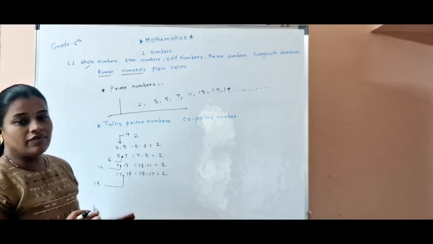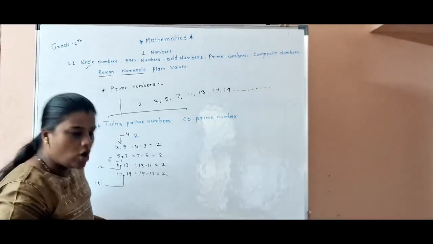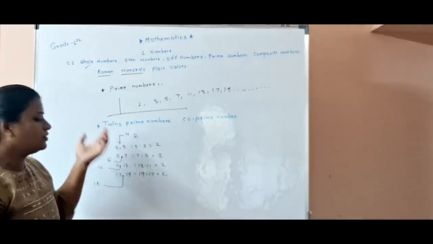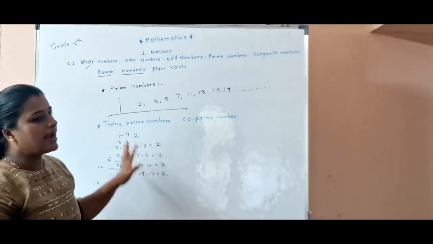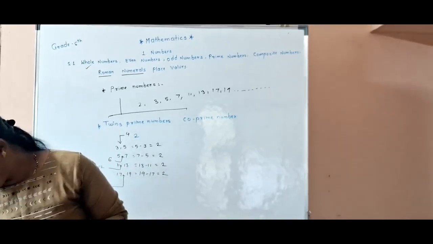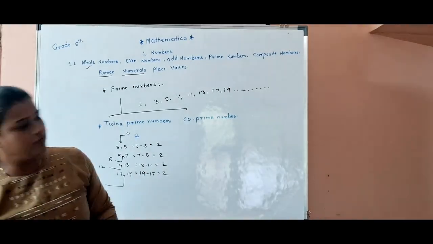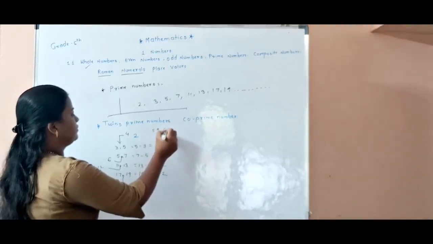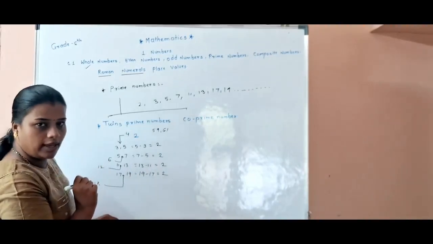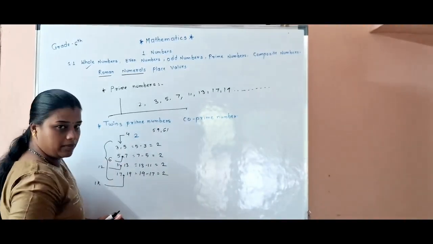If the difference is 2, or only one composite number lies in between them, those numbers are called twin prime numbers. Others are 59 and 61, many are there. These are a few examples of twin prime numbers.